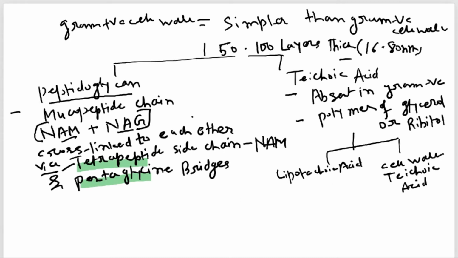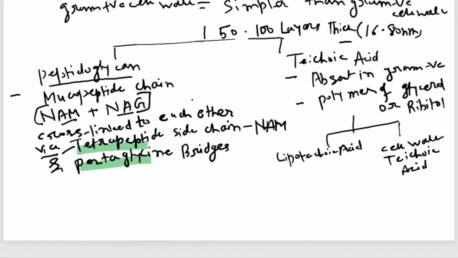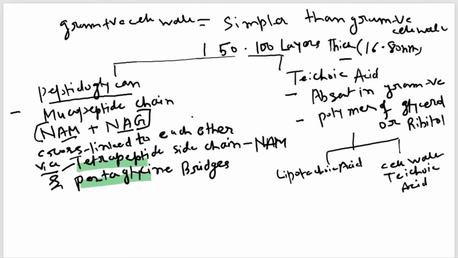Now we will come to the gram negative cell wall structure. As I had mentioned, the gram positive cell wall is much simpler than the gram negative cell wall. Why?